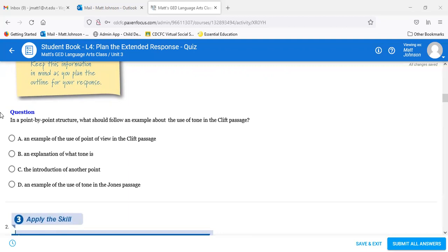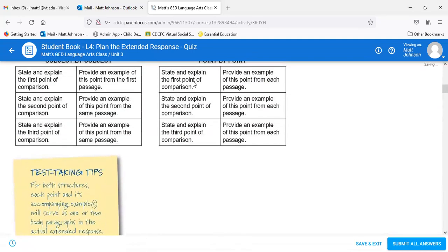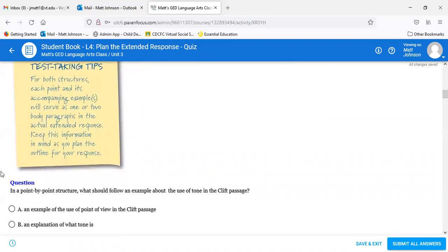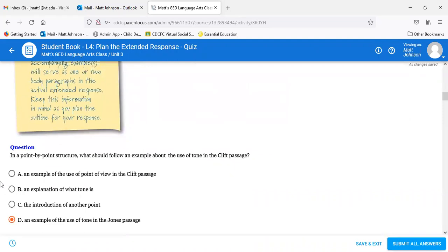So it's D. In the point by point, you give your whole point, their point of view or their claim, their argument. You would start with some type of introductory sentence about that. And then you would go to Cliff, using Cliff's argument as far as her experience teaching online.